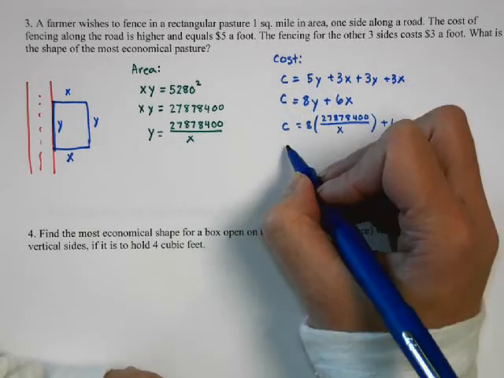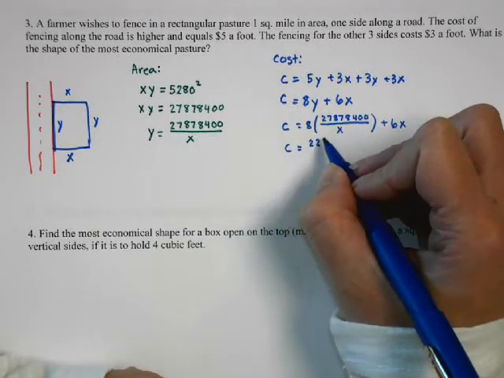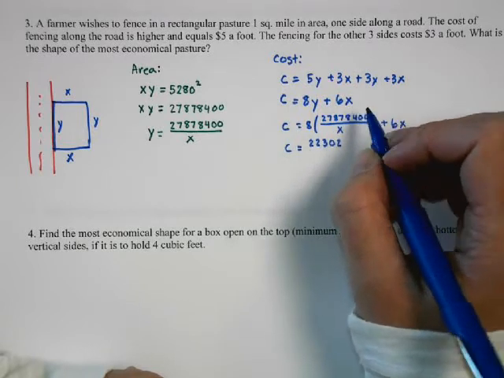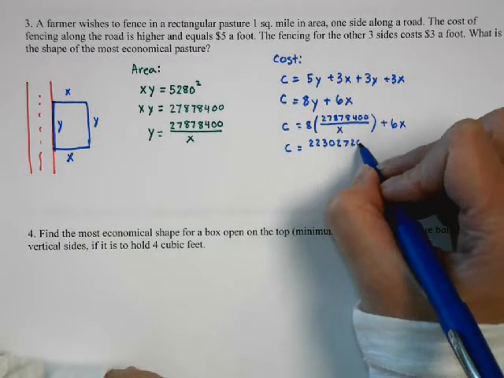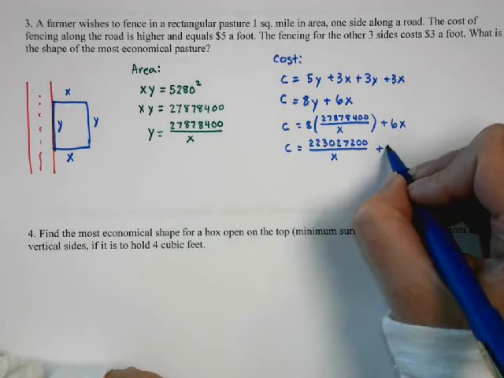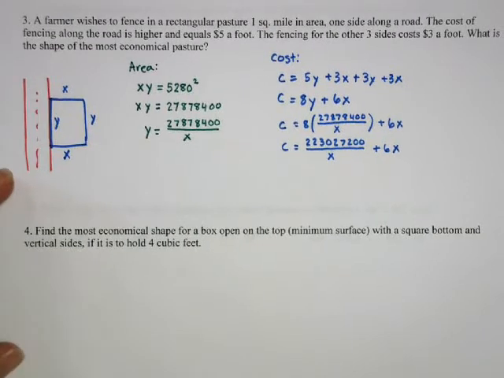If you multiply this number by 8, and obviously you'd get a calculator to do this, you get 223,027,200 over x plus 6x. Alright, so this is our function that we are trying to minimize. Okay, we want the smallest cost.